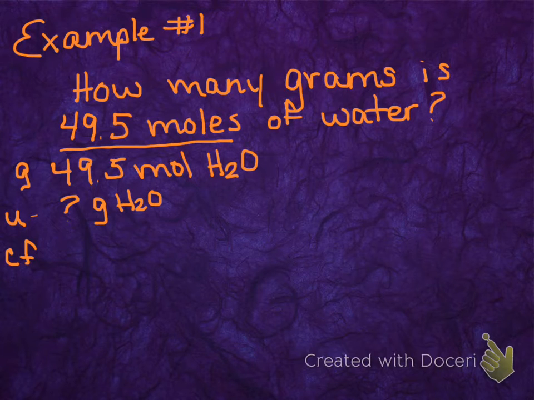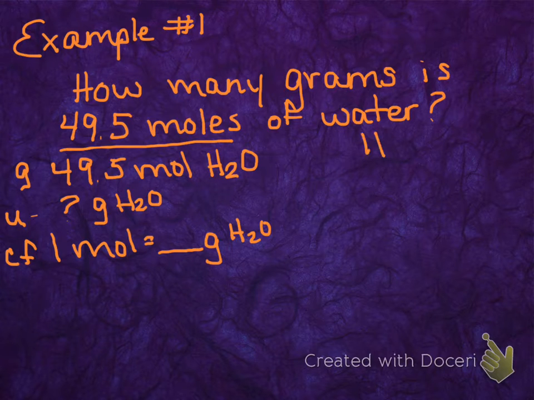So anytime you see a problem like this, one of the first things you should know that you have to do when you see grams, we're going to have to figure out the molar mass of water. Our conversion factor is going to be 1 mole is equal to some number of grams of H2O. So we've got to think about this. If we have water, it means we've got 2 hydrogen, 1 oxygen.